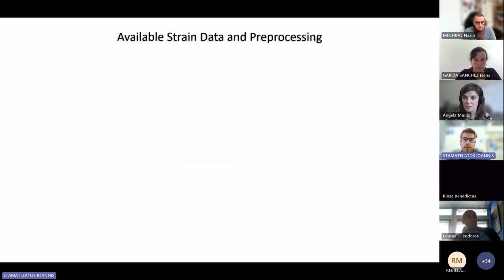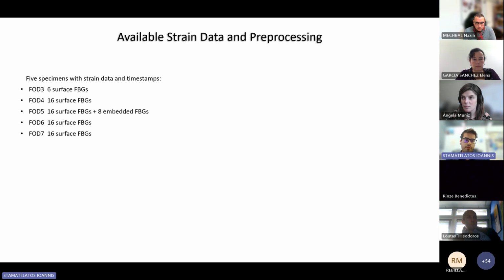So let's go more in detail. From this experiment, we had available 5 FOD panels. The FBGs were not always 16 sensors. Only FOD3 had fewer sensors.